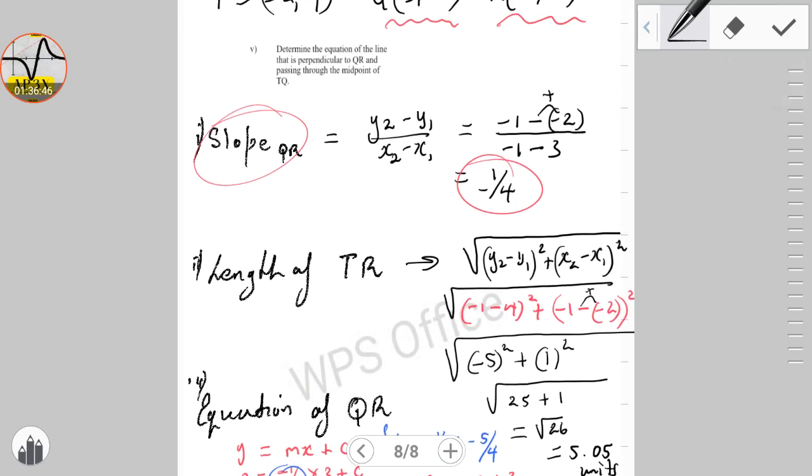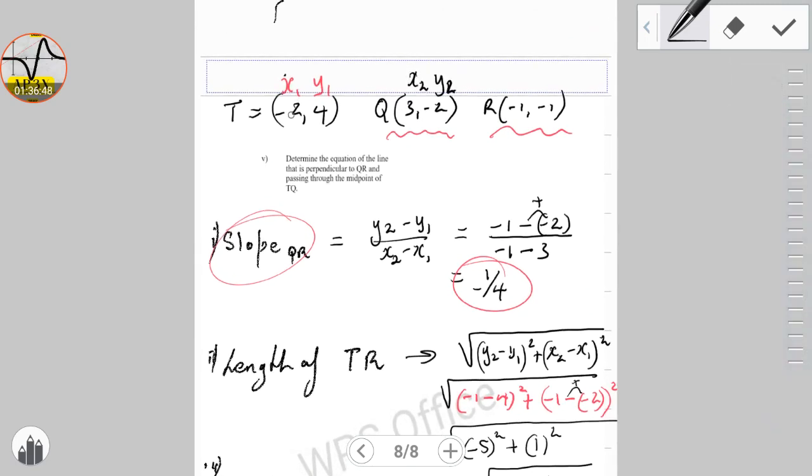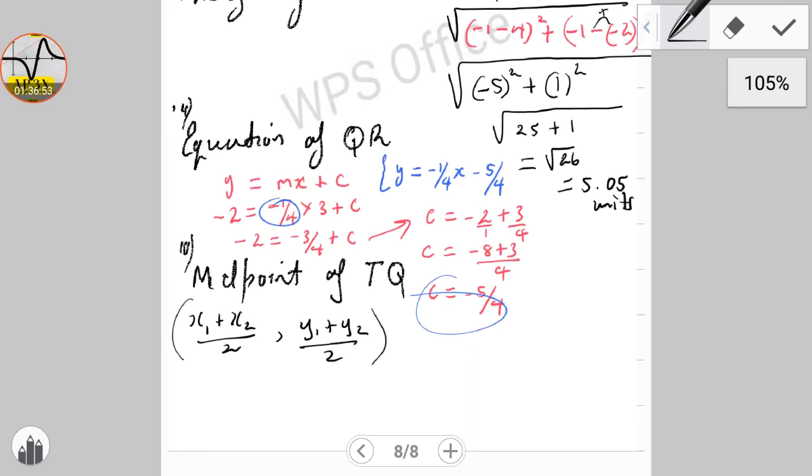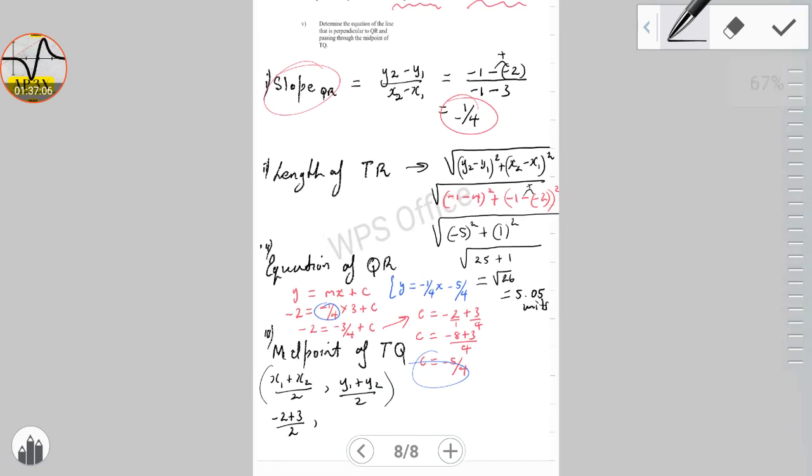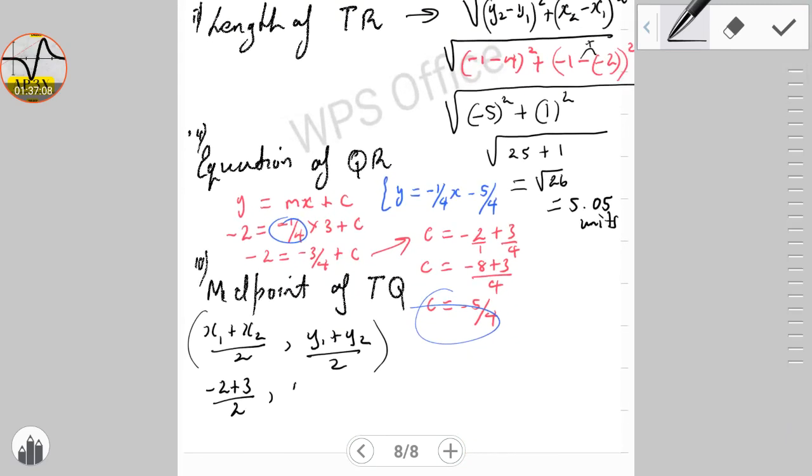So x1 plus x2, what we're looking at here is x1, which is minus 2, plus x2, which is 3. So that's minus 2 plus 3 divided by 2, comma, y1 plus y2, that's going to be 4 plus negative 2 over 2.